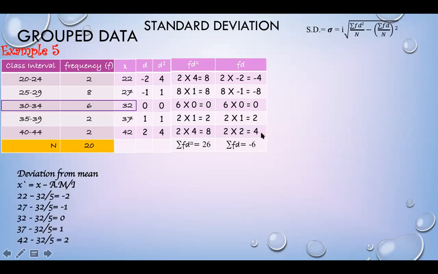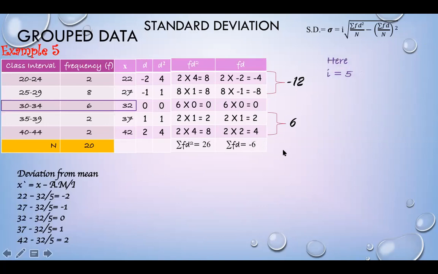But here you should keep in mind to add up the negative scores and positive scores separately, okay? It is minus 4 minus 8, that will be equal to minus 12, and 2 plus 4 will be equal to 6. And then we add these, because the negative value is greater, the summation of fd comes out to be negative, that is minus 6.